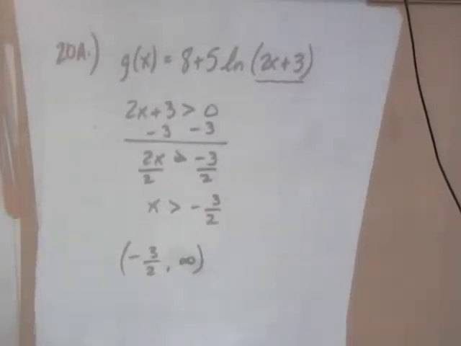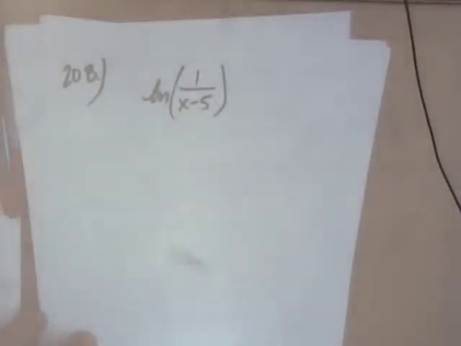Okay, 20B. Natural log of 1 over x minus 5. What is this, f of x?